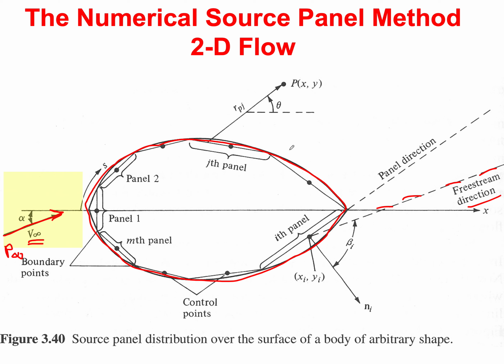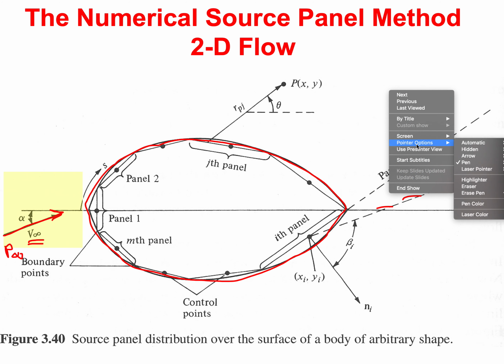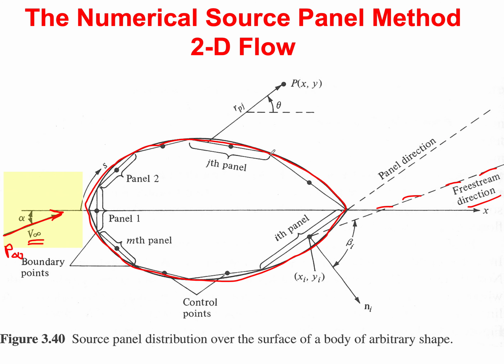Then I break my surface into not an infinite number of panels, but a manageable number of panels, and a good number is probably between 50 and 100. I break my surface into straight pieces, panels, and at the center of each panel there is the control point.